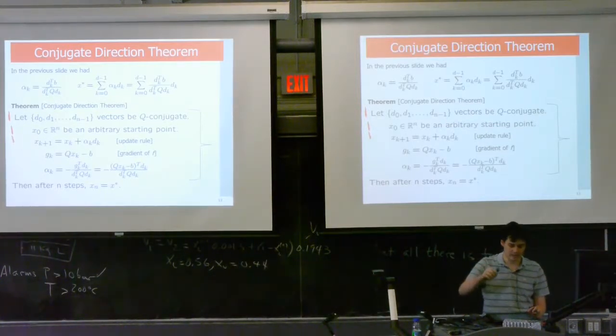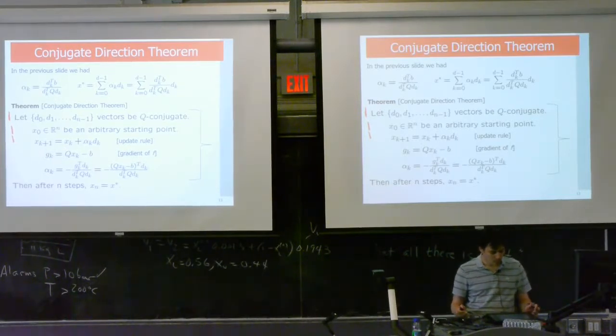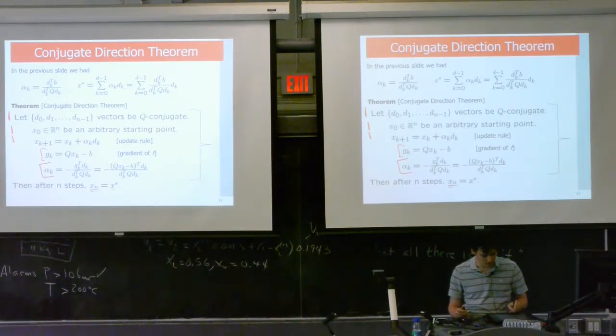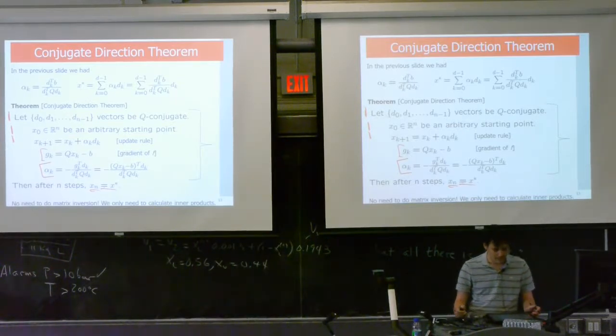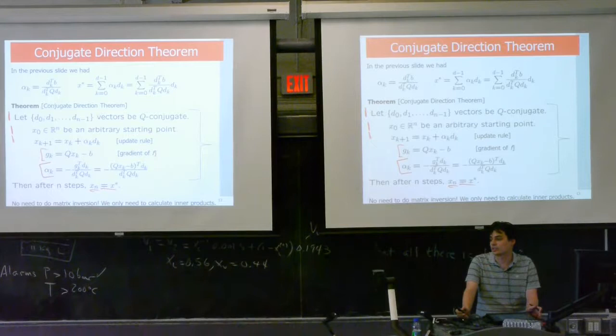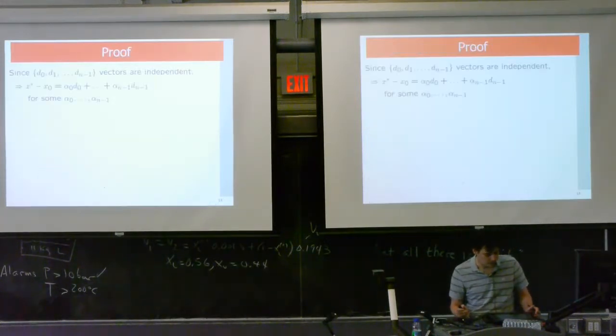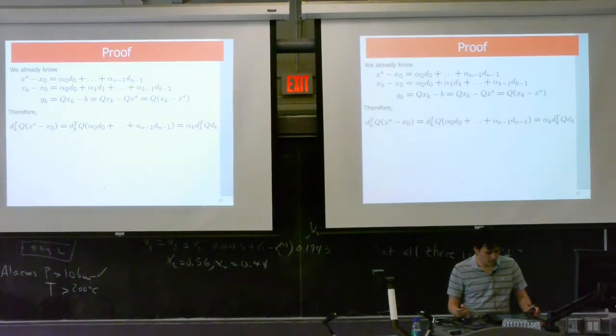That is, the next x, xk plus 1, is the current x, xk, plus alpha k dk, where alpha has this update rule, where in this equation gk is just the gradient at xk, then after n steps, indeed xn will be x star, the minimum of the quadratic function. Right? And the good thing about this is that we don't need to do any matrix inversion. If you have a linear system, generally you need to do matrix inversion, but with conjugate directions, you don't need to do that. So we proved this theorem.